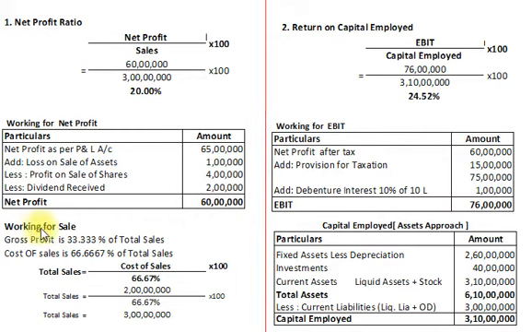Now we will see the working for sales. In the information given, we have gross profit ratio 33.33%. It means gross profit is 33.33% of total sales. So our cost of sales is 66.667% of total sales.